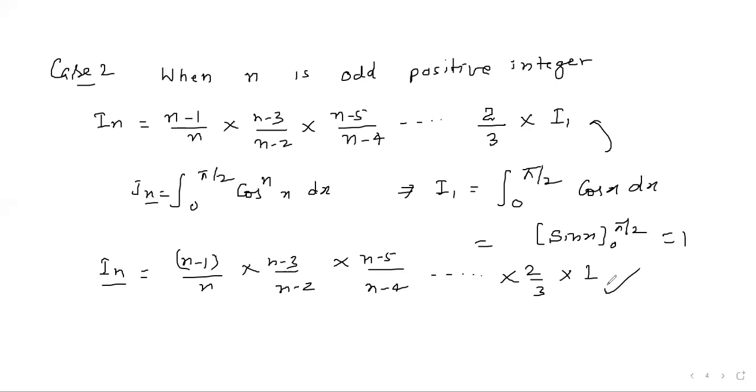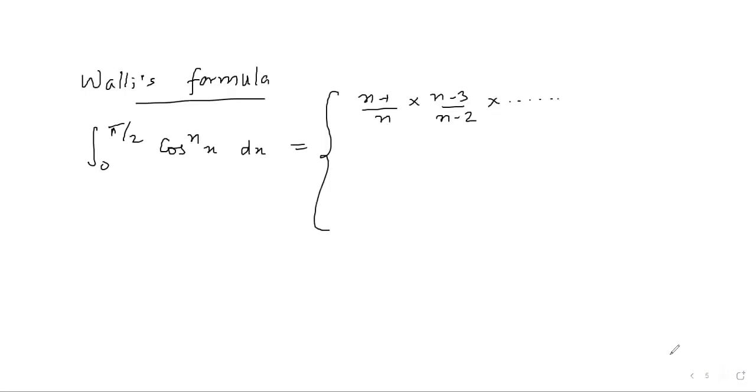So we write the last term like pi by 2, and here we write for n being even integers. So the last was 1 by 2 times pi by 2 for n as an even integer.